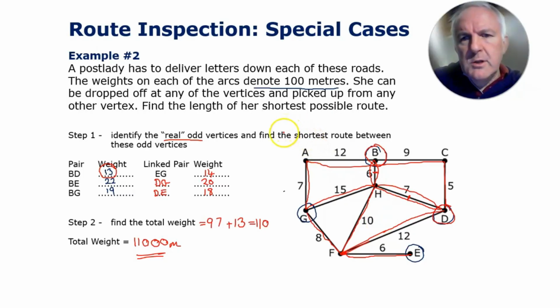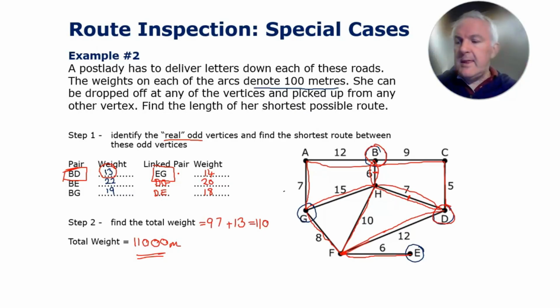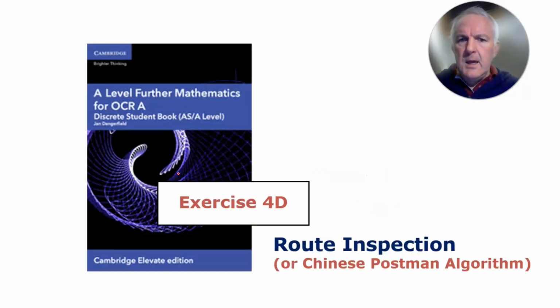There's where it wasn't the case that all four odds were treated as odds. Two of them were, so these were odds. But the EG effectively became evens, and I started at one of them and I ended up at the other one. So just be aware of that. You can get these slightly weirder questions, which expect you to do a little bit more. And this then is the route inspection method.